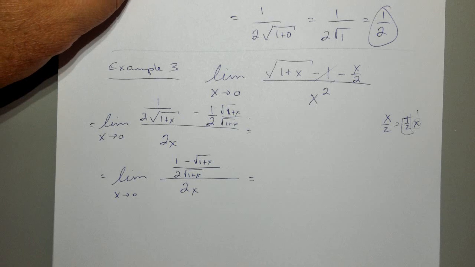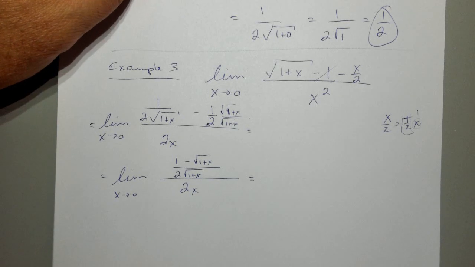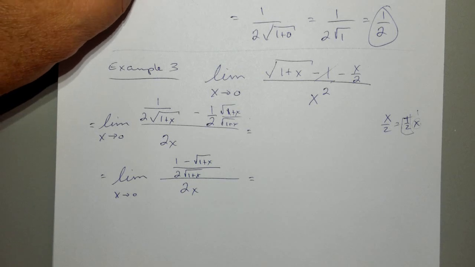Well, what happens here if we go to 0? Still get 0 over 0. So we've got to do it again.